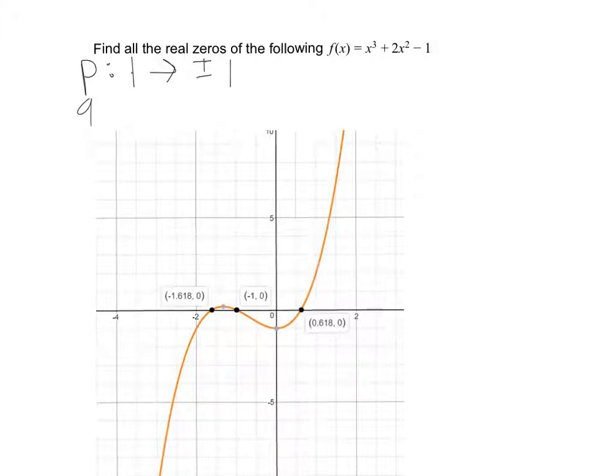Our leading coefficient is 1. Its factors are positive and negative 1. So my only potential rational zeros are positive and negative 1.